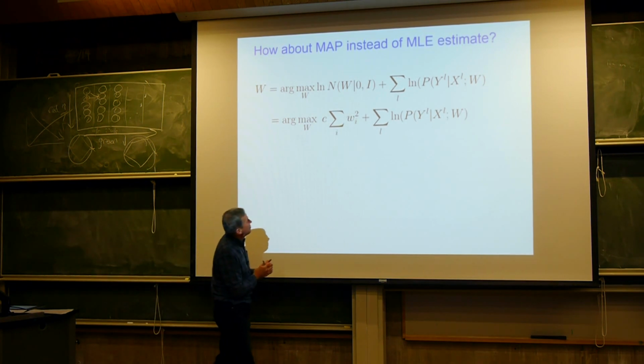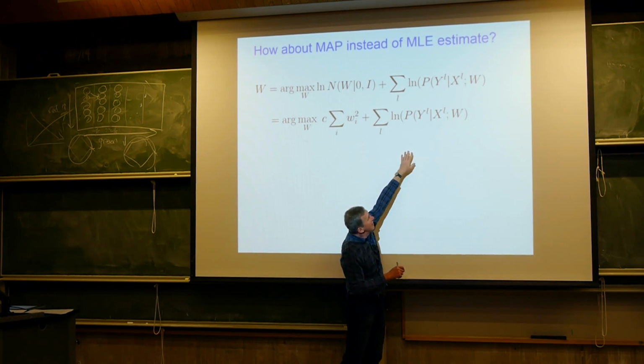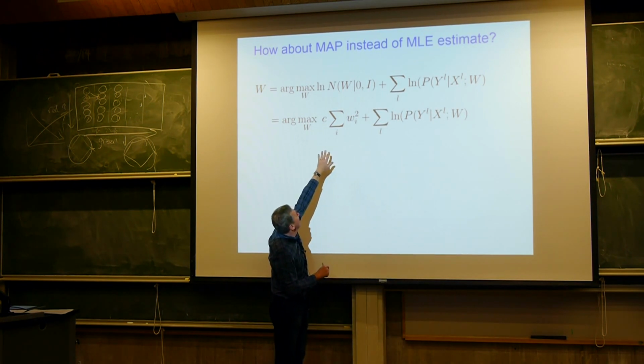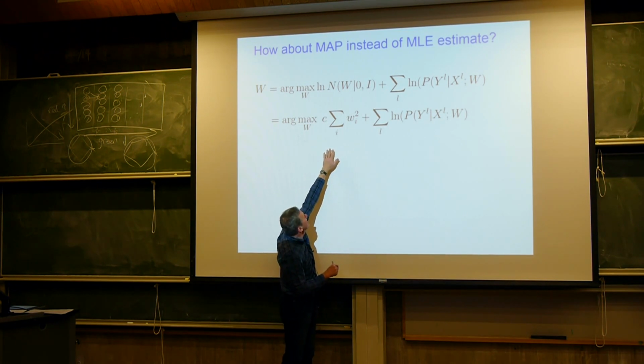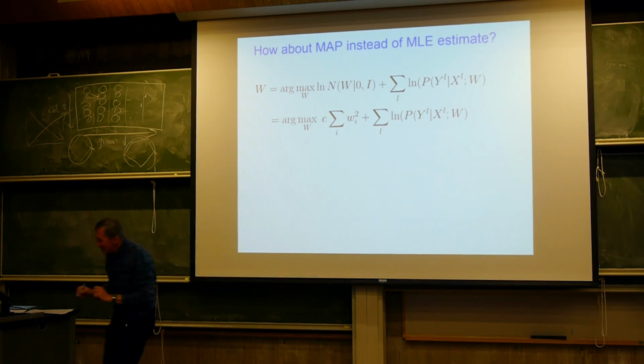And it turns out, just as we were able to show that maximizing the conditional likelihood equals minimizing the sum of squared errors, that maximizing the probability for that Gaussian ends up being the same as, oops, I should have a minus in here.